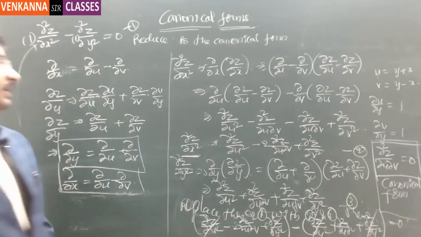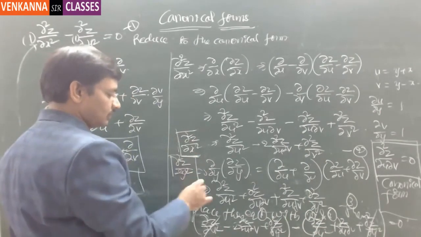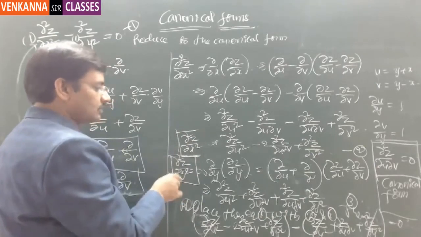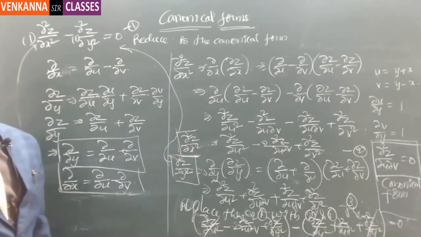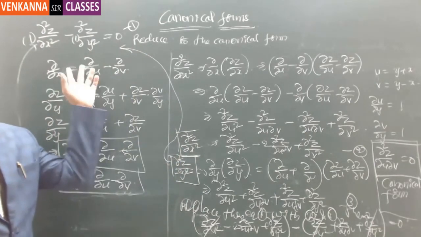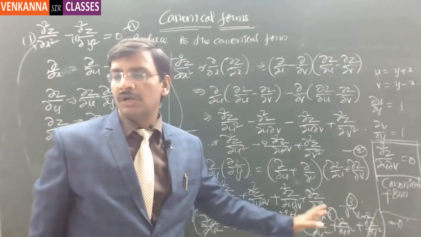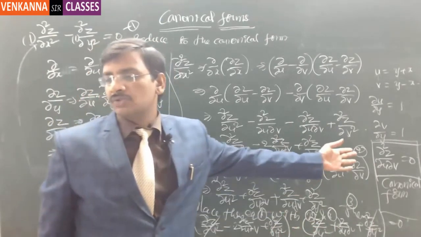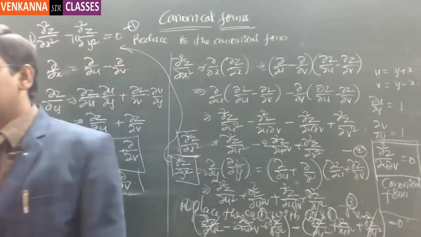Right? So similarly, if you understood this one, exactly the same procedure we followed to bring this one also. Once you got these two values, you put these two values together into this equation. That's the only thing I did. Once I substitute this equation, the common terms I have cancelled out, and finally it is left with a simple equation, ∂²z/∂u∂v equal to 0. That's all. Understood?